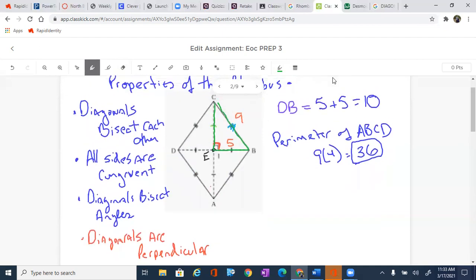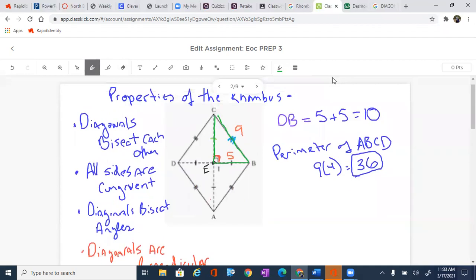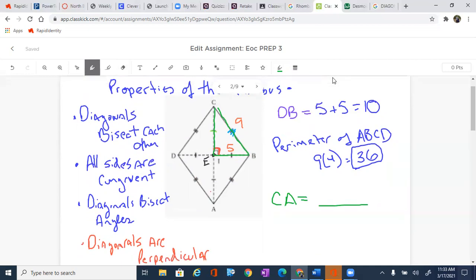So let's go ahead and find the length of CA. What is CA equal to? Well, if I want to find CA, which is the length all the way down, we need to find CE first.